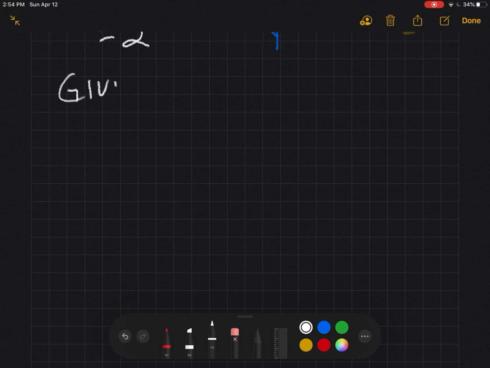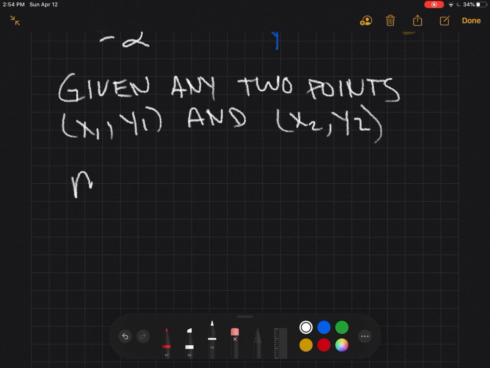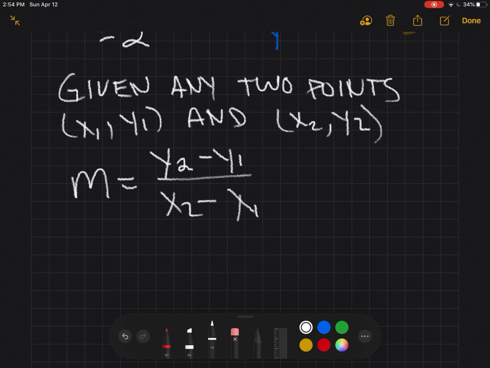So this is the slope, the change in y over the change in x, and you can actually calculate it just given any 2 points. So here is how to calculate the slope. Given any 2 points, x1, y1, and x2, y2, the slope m is equal to the change in y, y2 minus y1, over the change in x, x2 minus x1.